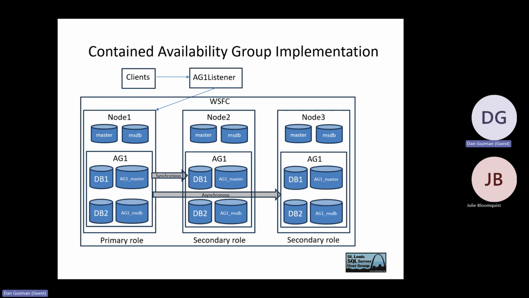To add the database to the availability group, do it when connected to the contained. That's what I was thinking. If you were connected to contained and use automatic seeding.